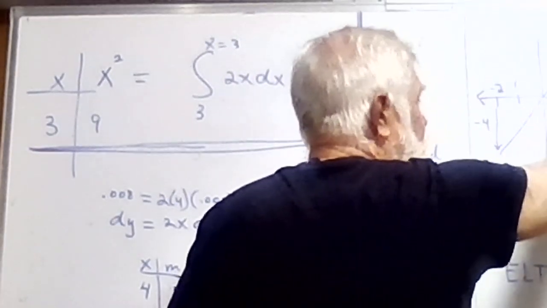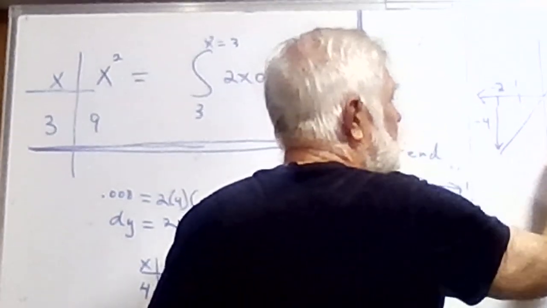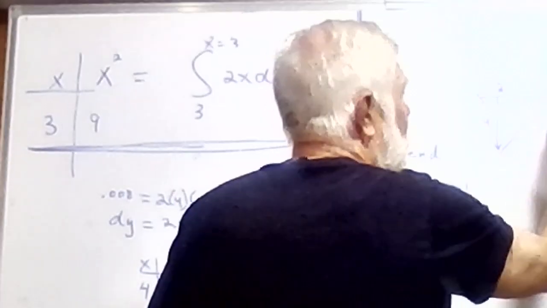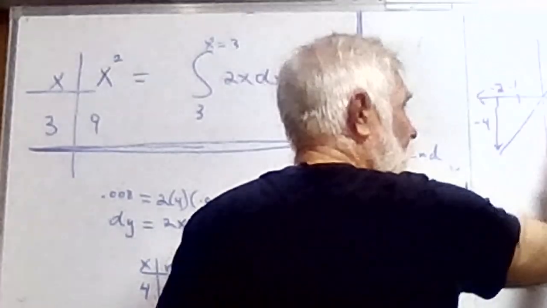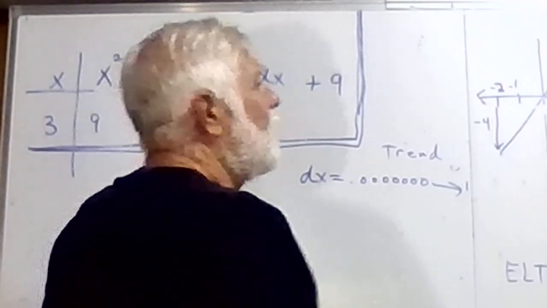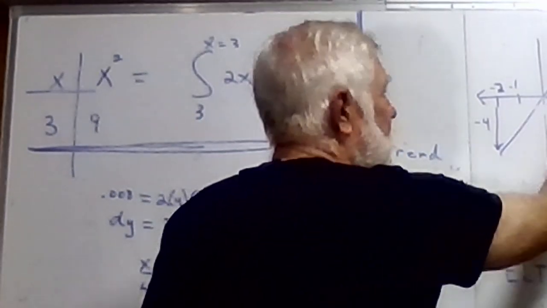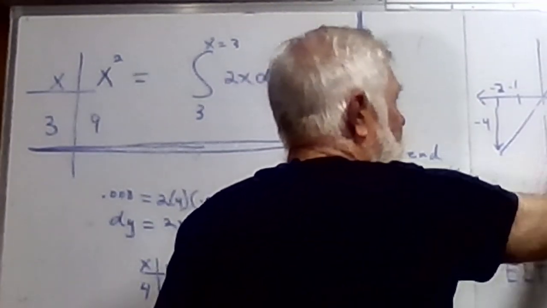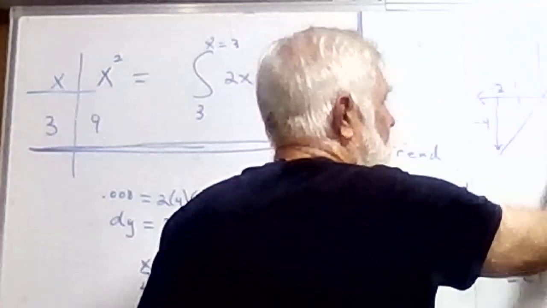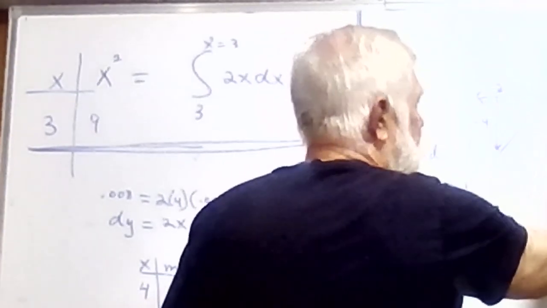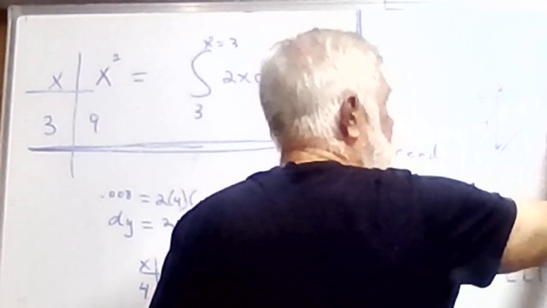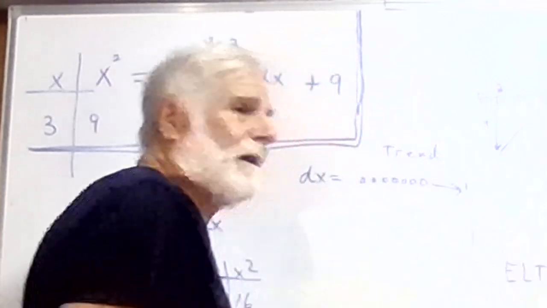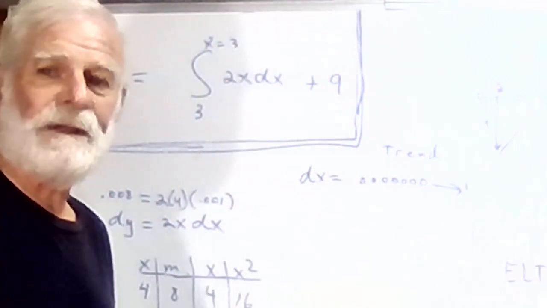Doubling it gets us 4. 2 units of width, 4 units of height, gets us 8, and cut in half is 4. And guess what 2 squared is? It's 4. And we'll do one more on the right. If we go 3 units, we double that, we get 6, 18, cut in half is 9. And x squared, 3 times 3 is 9.